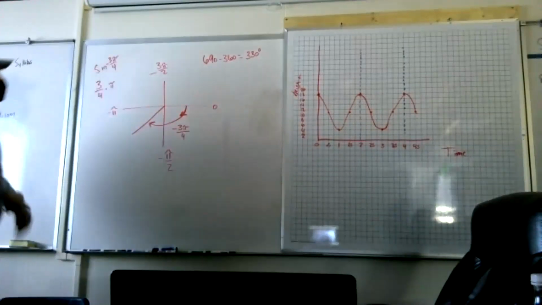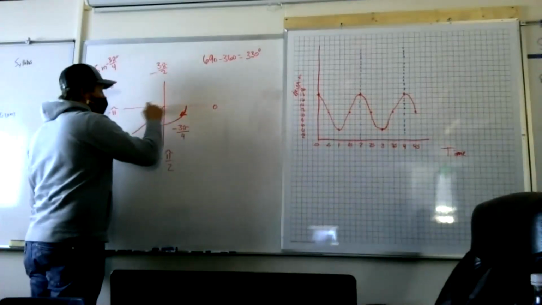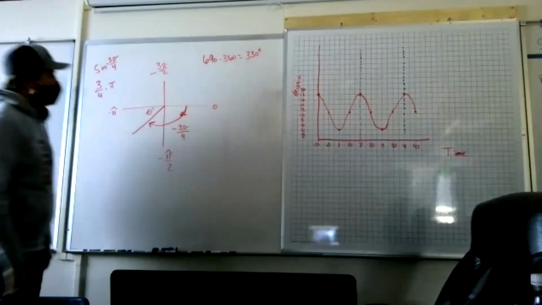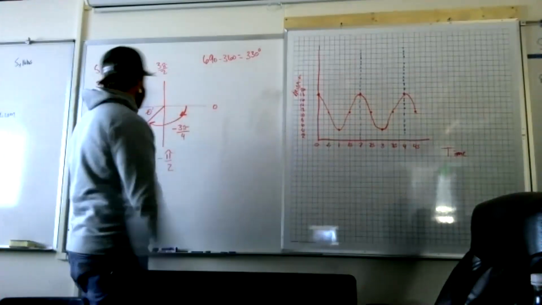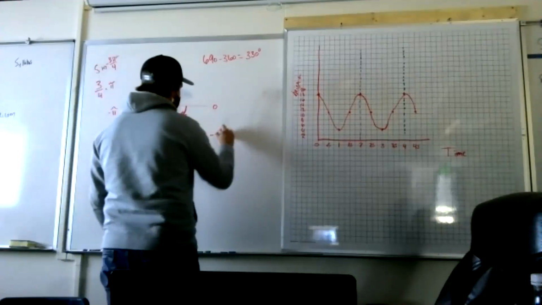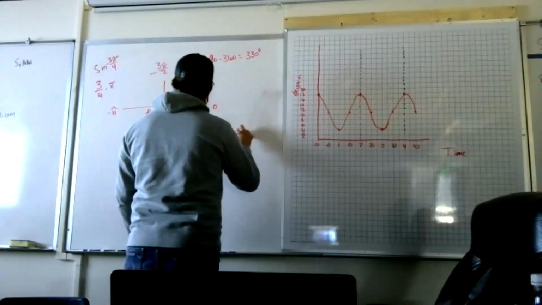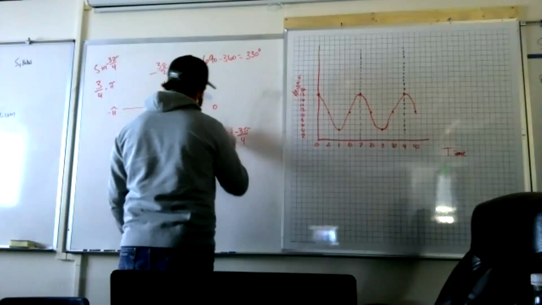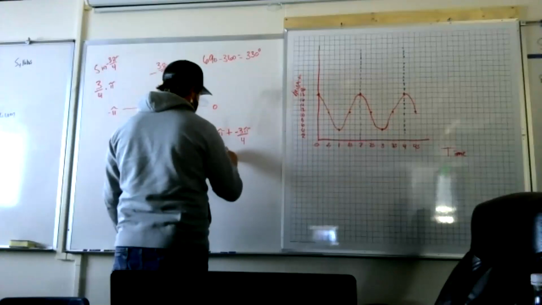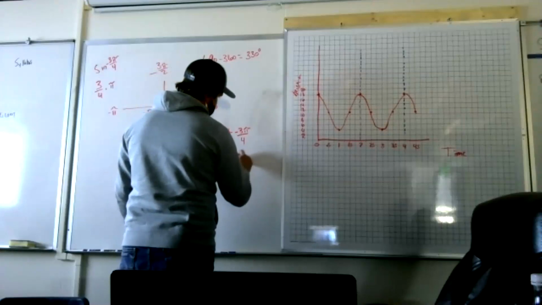So now, what must I do to figure out this distance or my reference angle? Well, I can do it two different ways. I could take negative pi plus negative 3 pi over 4. Find the common denominator, so that's negative 4 pi over 4 plus negative 3 pi over 4.